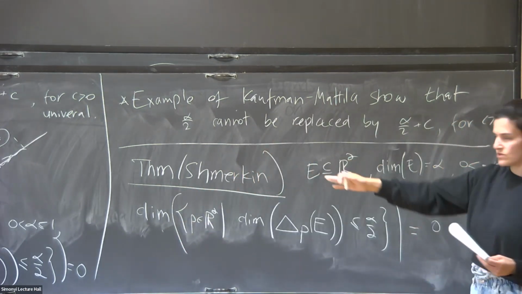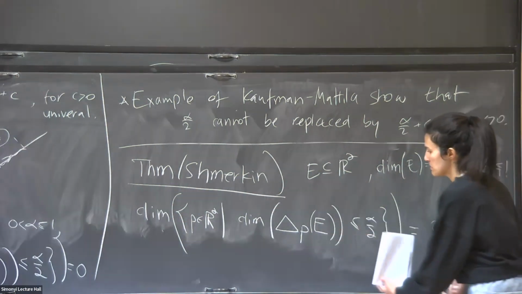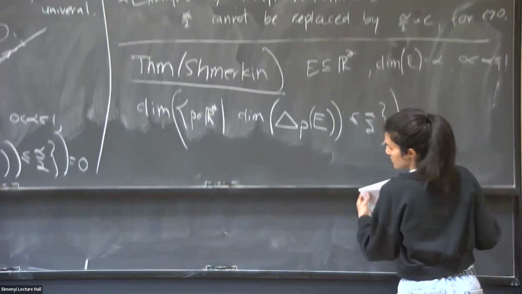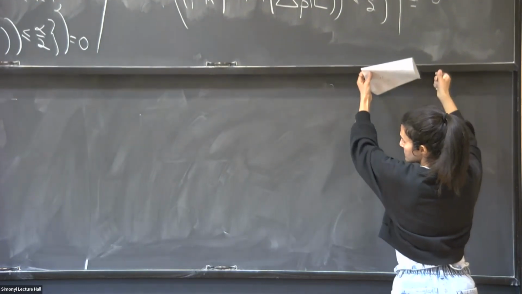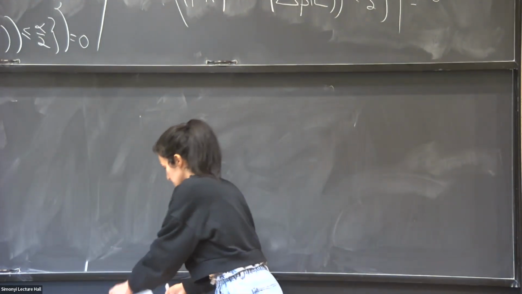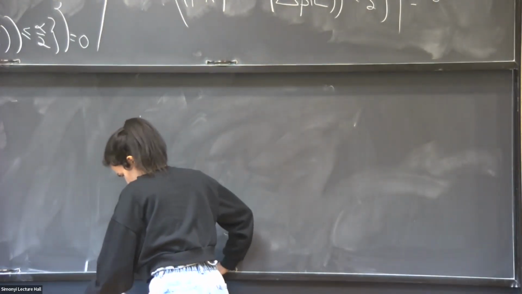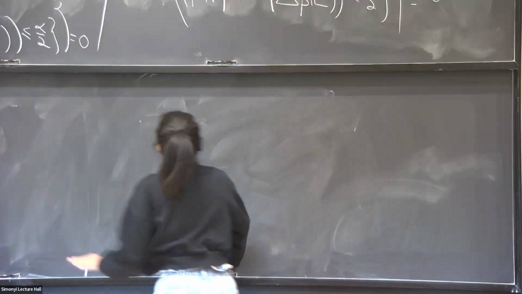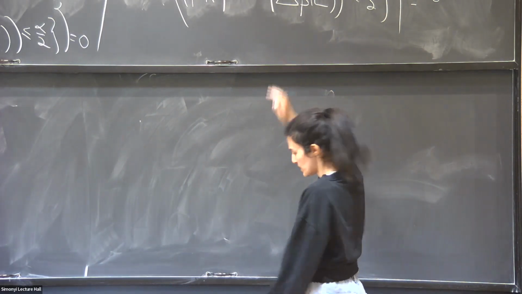Okay, so very similar to Bourgain's result, but with the distance function replacing the projection. And again, it turns out that one cannot replace the alpha over 2 by alpha over 2 plus c.